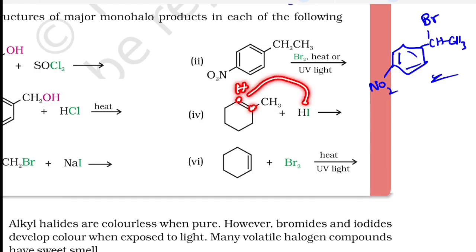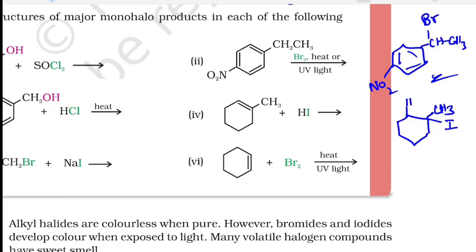Therefore add hydrogen to this carbon and add iodine to this carbon. So what is the product obtained? You will be getting a product like this. So here CH3, I and then here H. So already 1 hydrogen is existing here. So this is the product which is obtained.